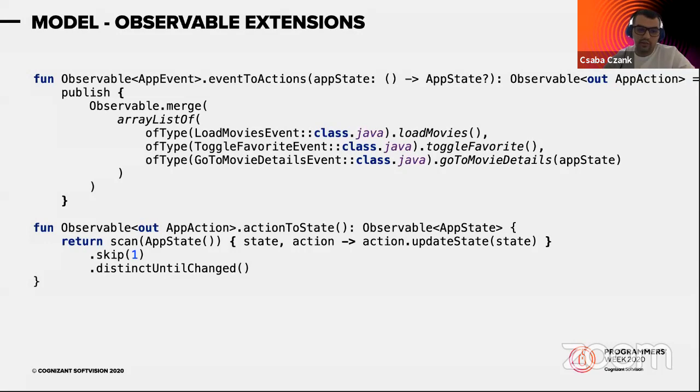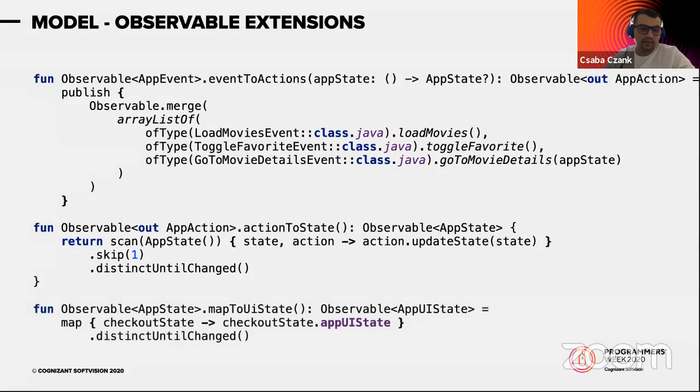Here we used skip by one because scan also returns the initial state, but we only need the modified one. So we are skipping the initial one. Map to UI state helps to segregate the state, transmitting further only the state needed to refresh the page. In both cases, we will pass on only the distinct states.